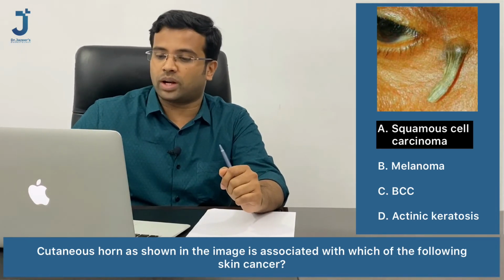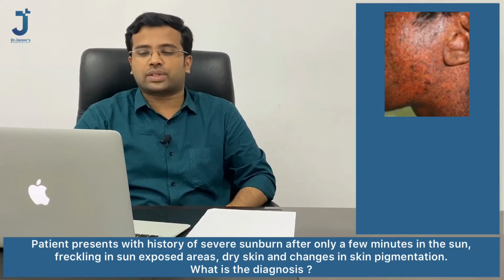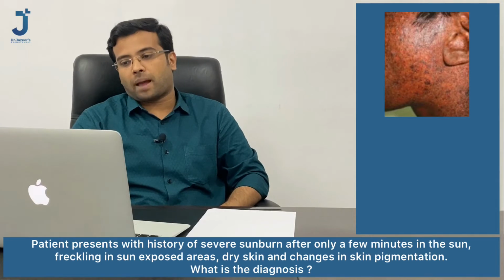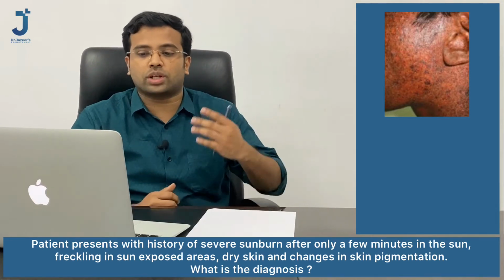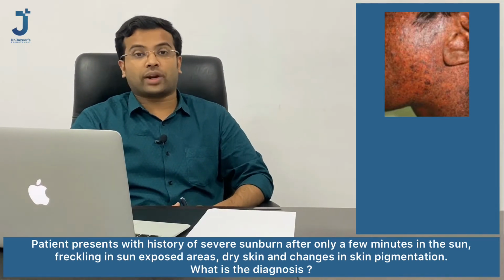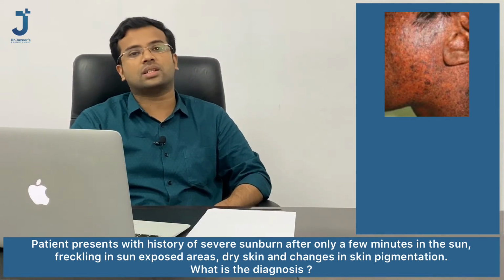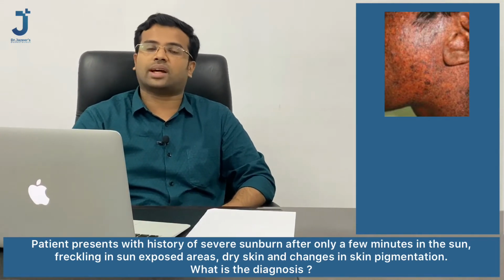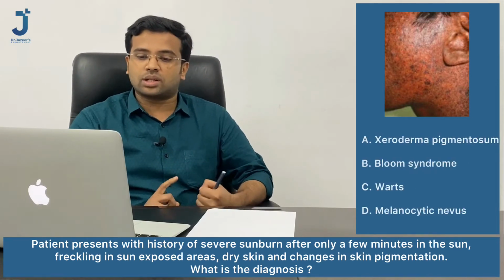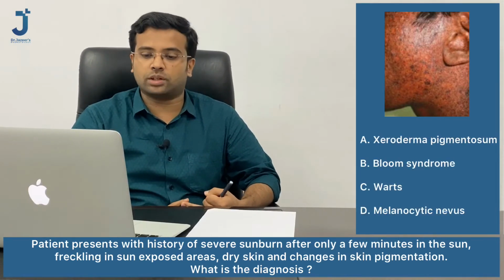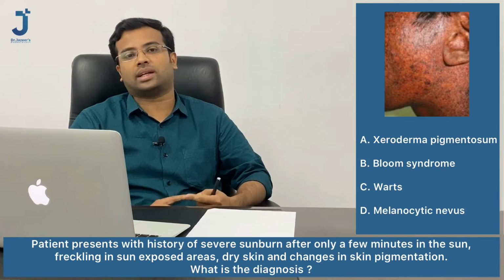Okay. So now let's go to the next one. Patient presents with a history of severe sunburn only after a few minutes of exposure to the sun, and there is freckling in sun exposed areas, dry skin, and changes in pigmentation. So what is the diagnosis? Options are xeroderma pigmentosum, Bloom syndrome, warts, and a melanocytic nevus.